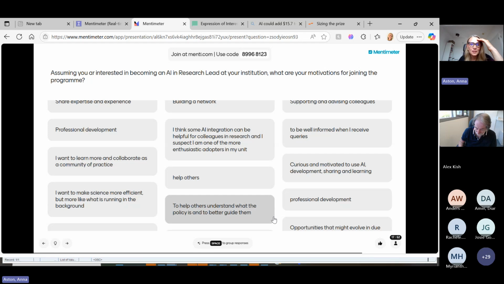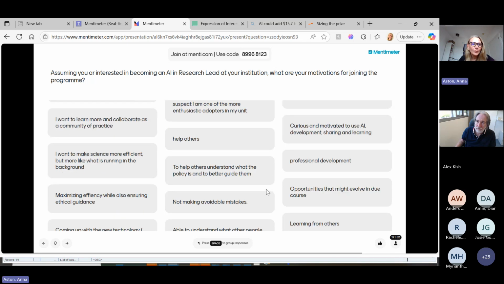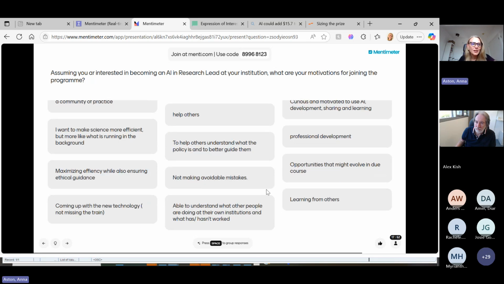Collaborate with others, be well informed. Yes, you have to have knowledge, of course, to help others as well. Make science more efficient, maximize efficiency, come up with new technology, not missing the train. Exactly. And as I said at the beginning, it's here, it's going to stay.